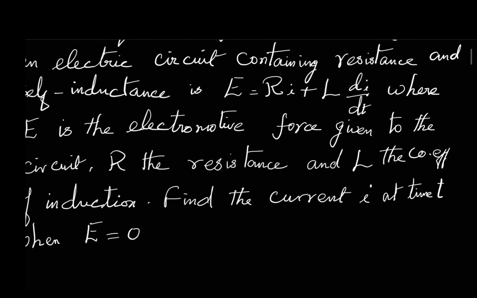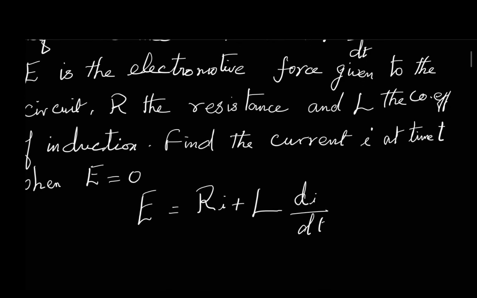Take the equation given: E = Ri + L di/dt. They already defined what E, R and L are in the question itself, so we need not repeat it. Let me get the differential equation.